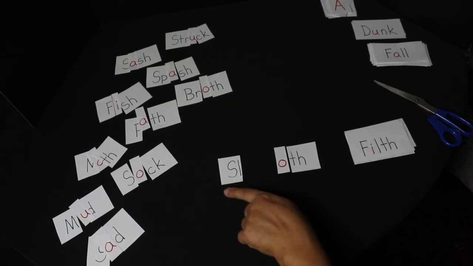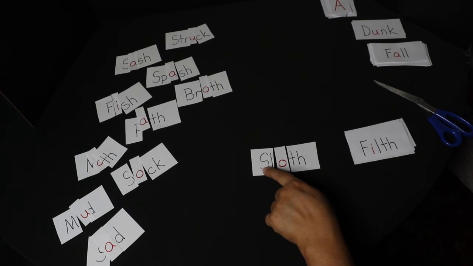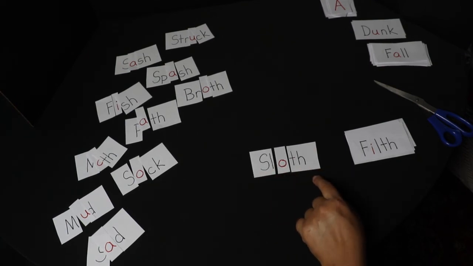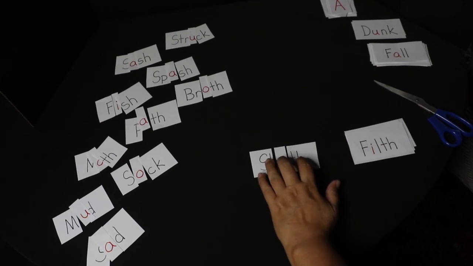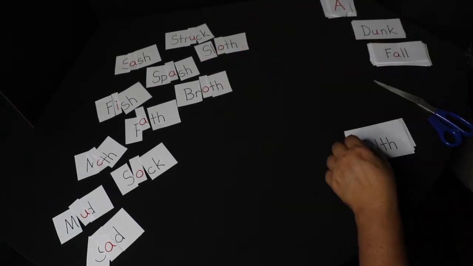Sloth. Is sloth a real word? Yes, it is. It's an animal. It also means slow. It's a very slow-moving animal, is a sloth. So we know we pronounced that word correctly.